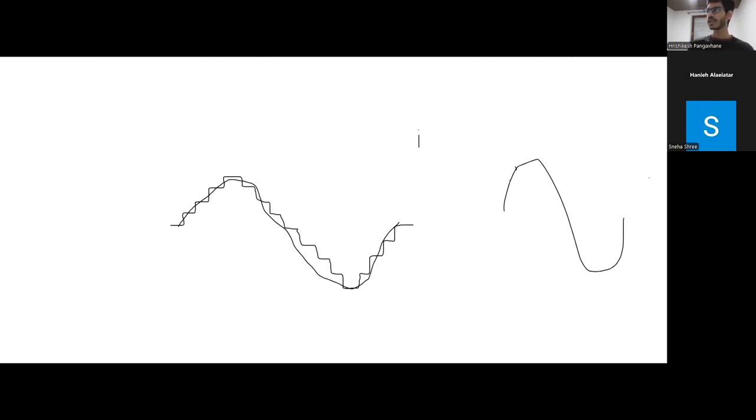If the nth sample was here and the n plus 1 sample was way over here, so the variance was too high, then we couldn't have assumed that, and it would have been a greater mathematical problem. But over here, we are assuming oversampling, so we are saying that two successive samples do not have a significant variance between them.